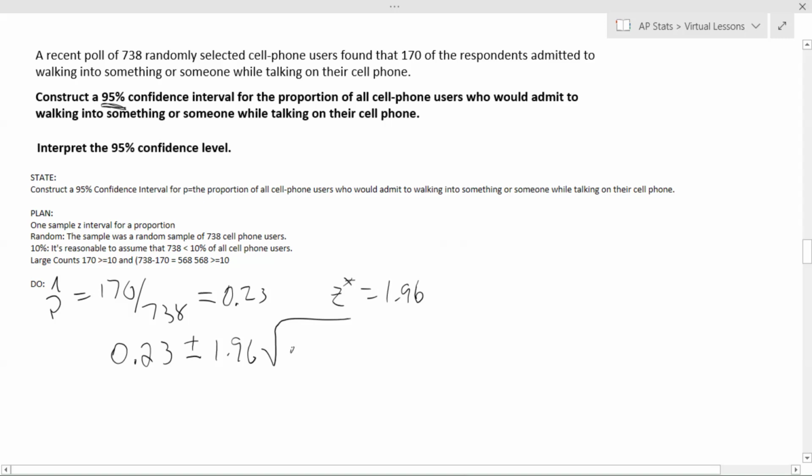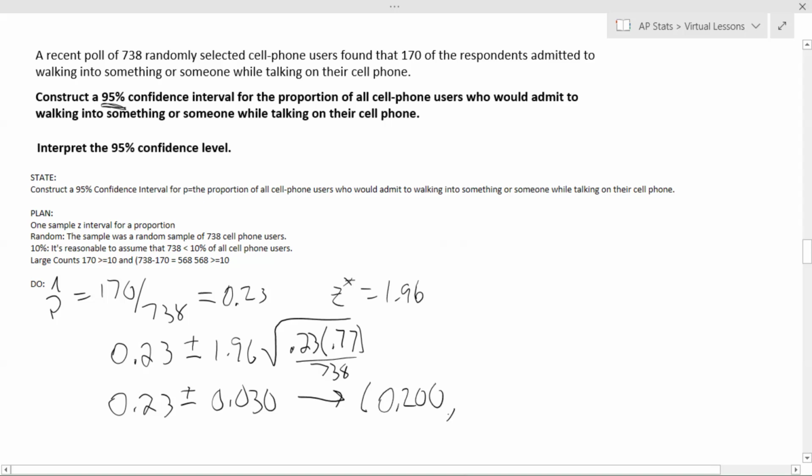So that's 0.23 times 0.77 all over 738, and make sure that's all inside the square root. Simplify that a little bit: 0.23 plus or minus 0.030. That's going to give us a confidence interval of 0.200 to 0.260. Now, if you actually go back and use technology here, you're going to get 0.200 to 0.261.